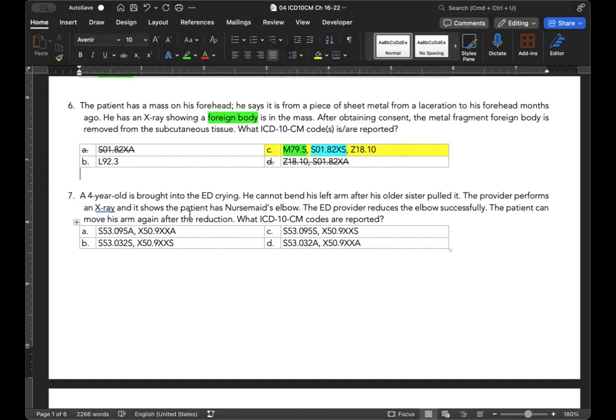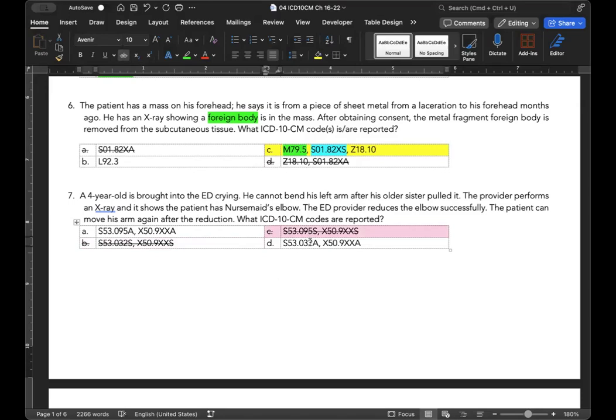From our scenario, would we say that this is an initial encounter or a subsequent? Initial, yep. So we can automatically rule out B and C without even looking at codes yet, right?